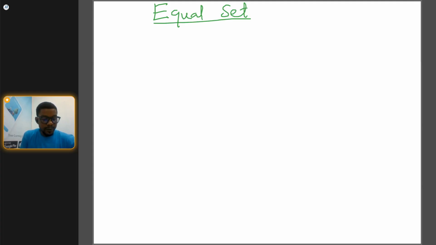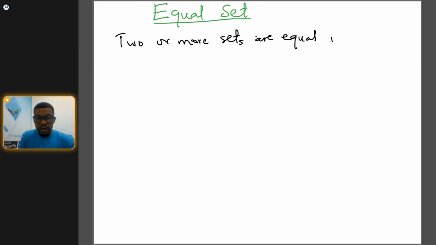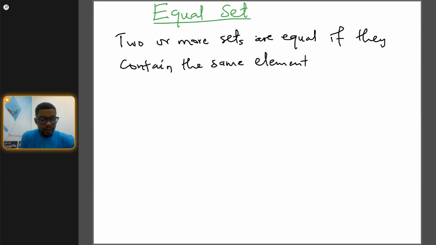So what is an equal set? Two or more sets are said to be equal if they contain the same elements, order of arrangement immaterial.